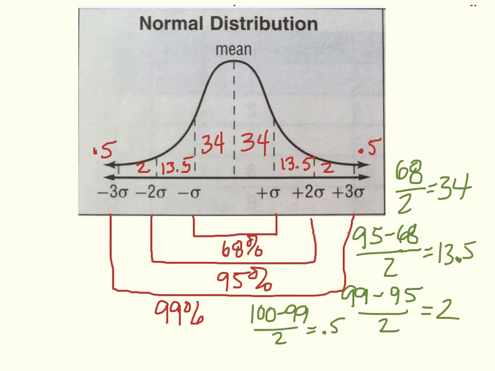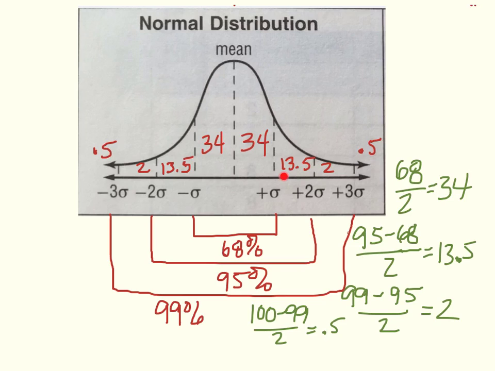To break it down even further, if 68% of the data falls between here and here, then 34% falls between the mean and -1 standard deviation, and 34% falls between the mean and +1 standard deviation. 95% falls between here and here, so if I subtract 68 from 95 and divide by 2, 27% divided by 2 would be 13.5%.